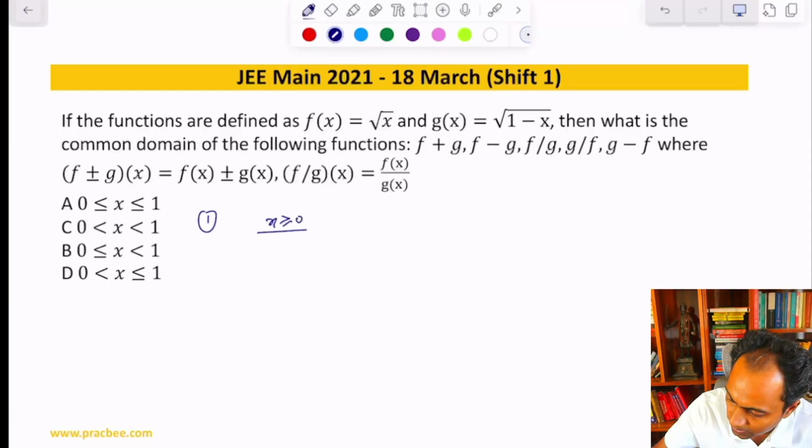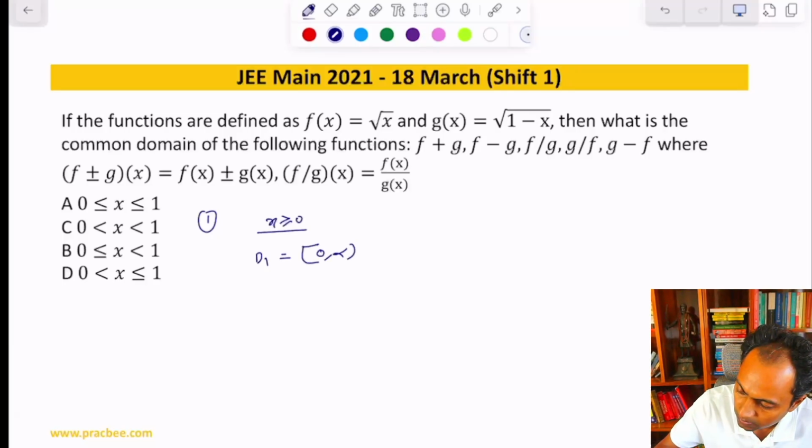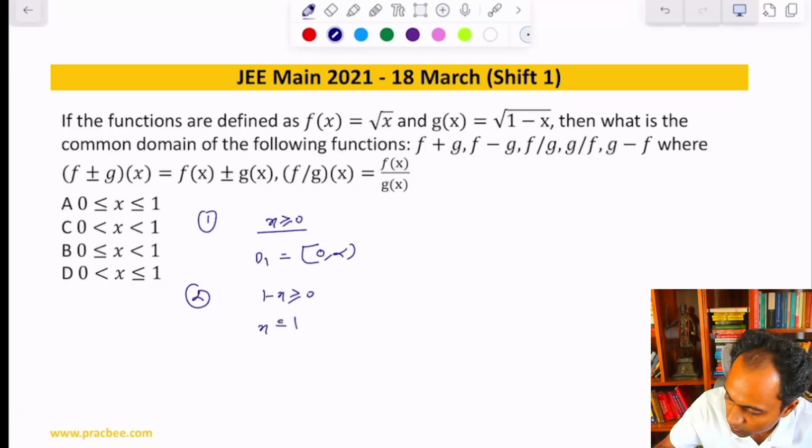So for the first part, for function f(x), the domain d1 comes out to be 0 to infinity. Now for the second part, we have 1 minus x greater than or equal to 0. So x comes out to be smaller than or equal to 1. That is minus infinity to 1, where 1 is included.